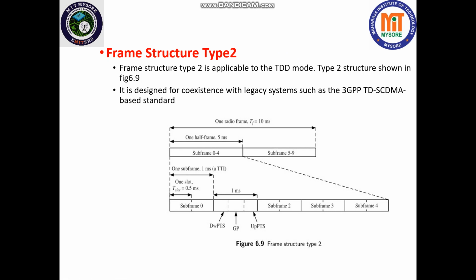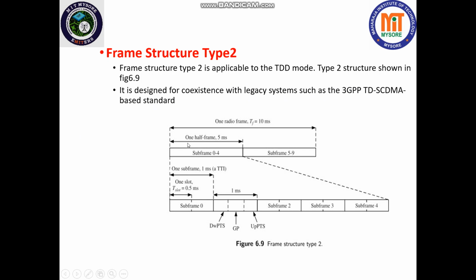Now let us move on to the frame structure of type 2, which is applicable to the TDD mode. It is designed for coexistence with legacy systems such as the 3GPP TD-SCDMA based standard. That is, this frame structure is used to support backward compatibility with 3G networks.